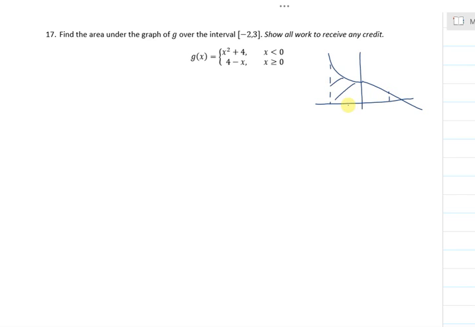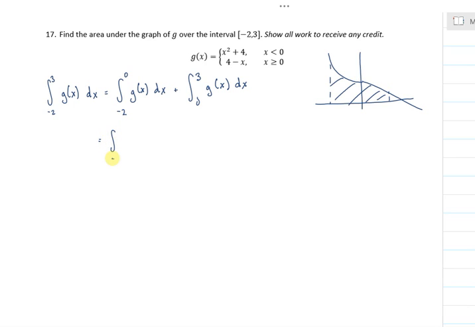We want this area. But all we're using is the fact that we can divide the integral up. So here's how I'm going to do this. The integral from -2 to 3 of g of x dx is equal to the integral from -2 to 0 of g of x dx, and then I can add the integral from 0 to 3 of g of x dx.